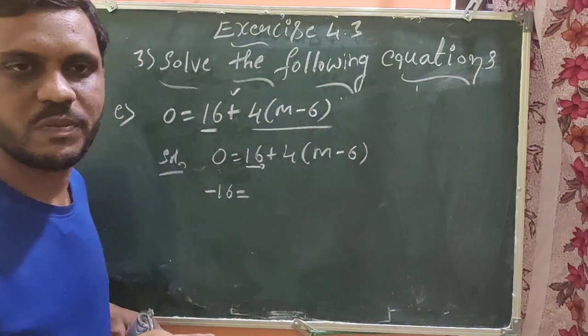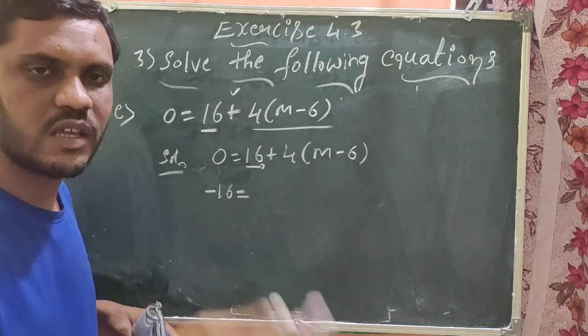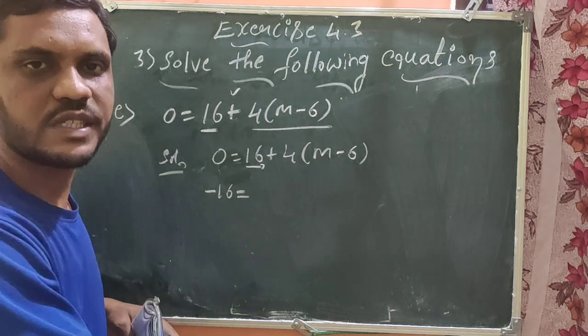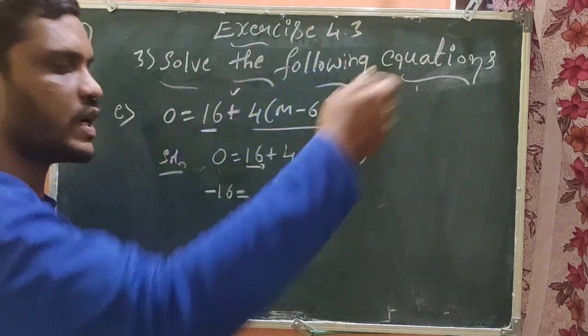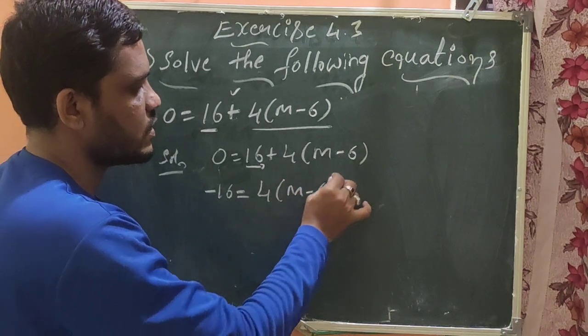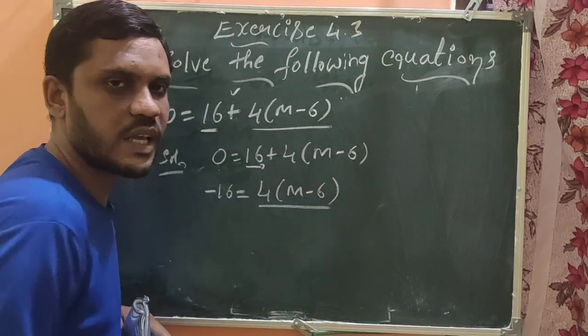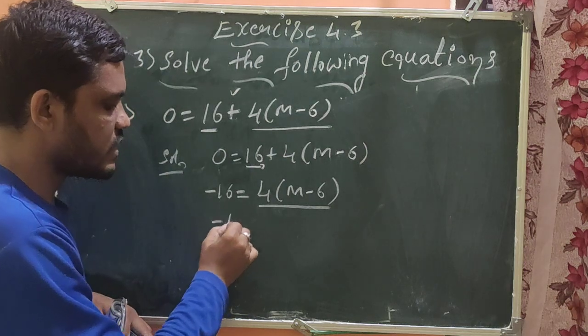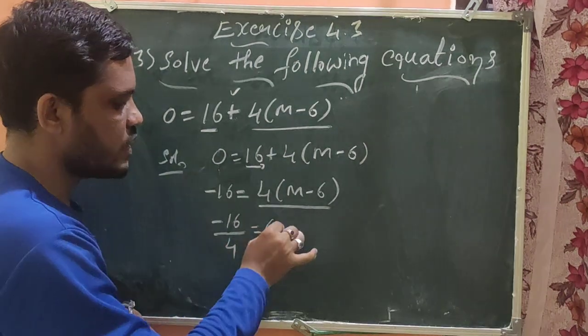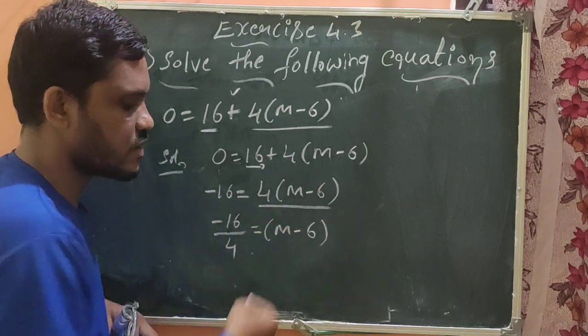If shifted, plus becomes minus, minus becomes plus, multiplication becomes division, division becomes multiplication. 4 times of m minus 6. Next, these two are in multiplication. Next it becomes 16 by 4. That is equal to m minus 6.